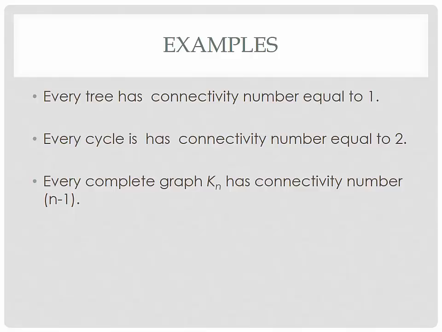Therefore, we define the connectivity number of the complete graph to be all but one vertex, or all but one node, and then the single node that is left. Technically, I guess you could say it's no longer connected since it has nothing to connect to, but that's a special case. So for a complete graph on n nodes, the connectivity number is defined to be n-1.